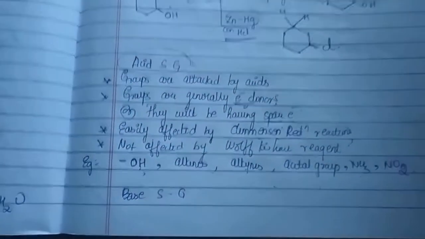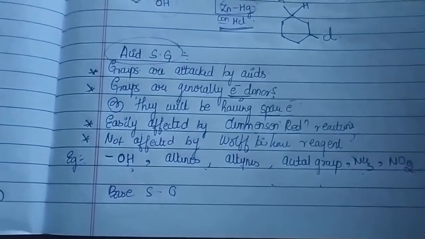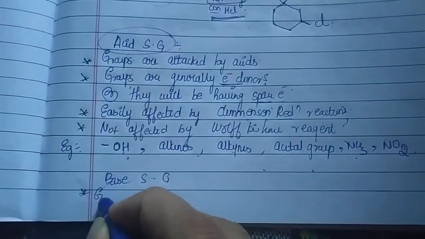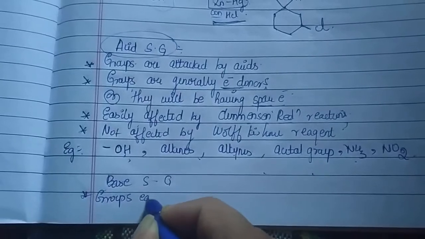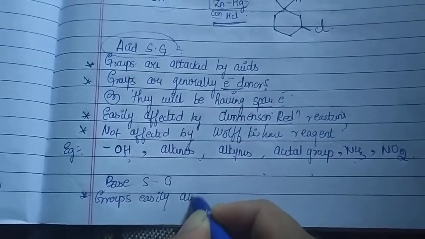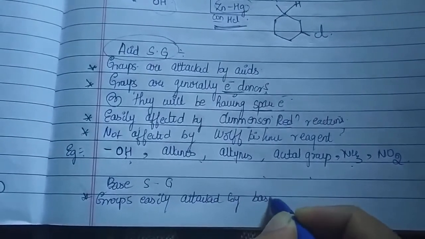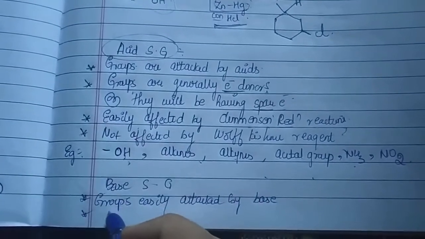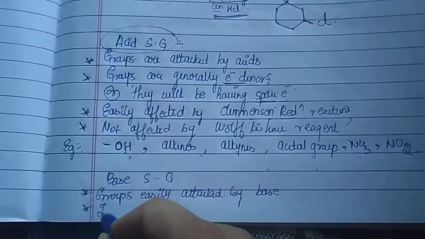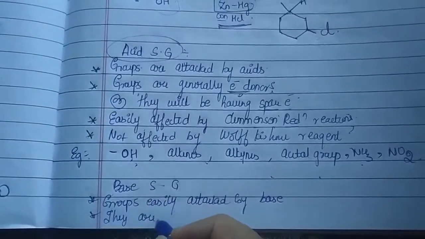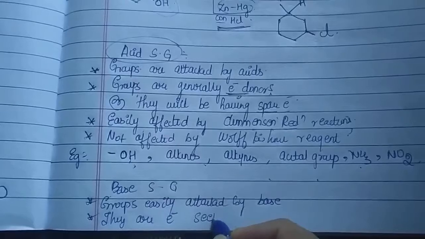Now easily you can say about base sensitive groups. All are the vice versa of these, whatever the above points we have written. So first important point, these groups are easily attacked by base. Second most important thing, they are electron seekers. That is, they are in the need of electrons.